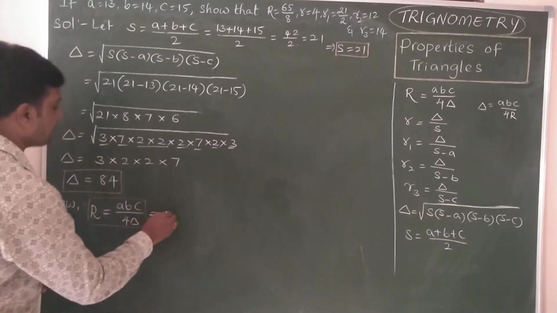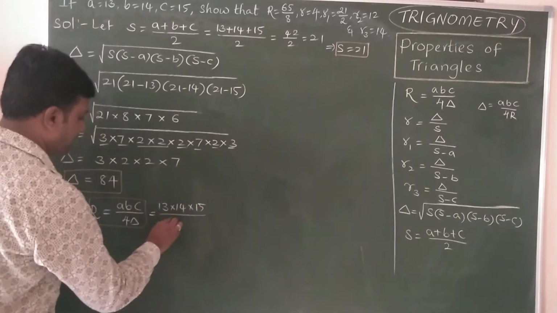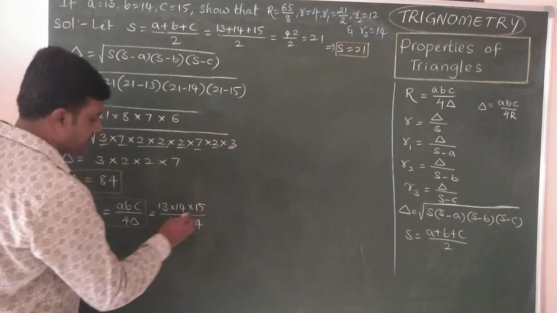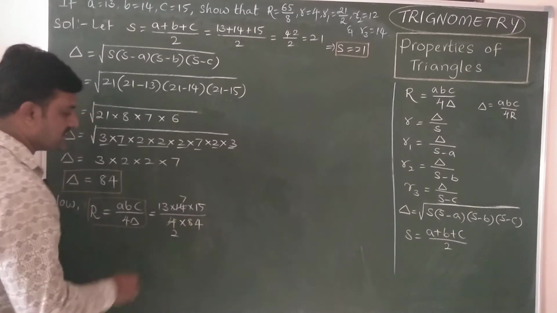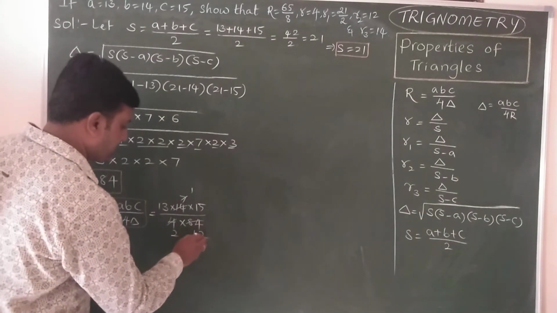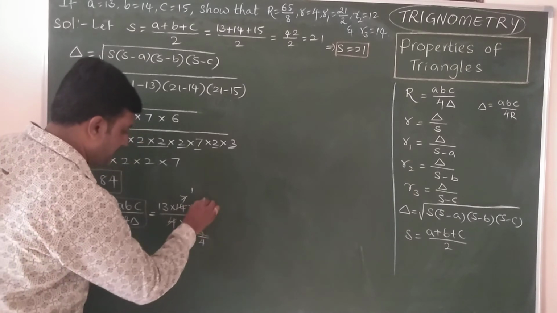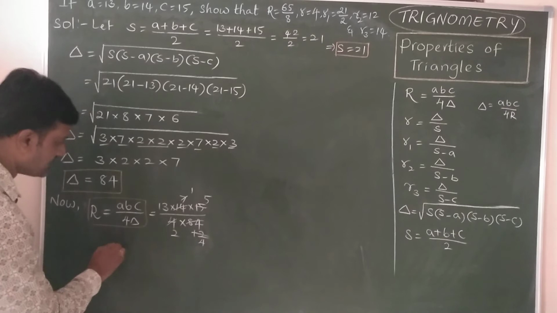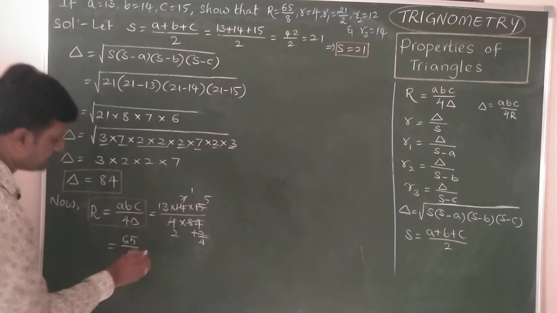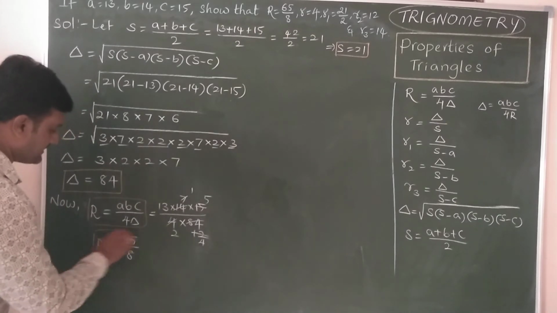Then substitute the values: 13 into 14 into 15 by 4 into delta 84. Now cancellation. 2 sevens are 14, 12 sevens are 84. Three 4s are 12, three 5s are 15. Then it is 13 fives are 65, and 2 into 4 is 8. Capital R equals 65 by 8.